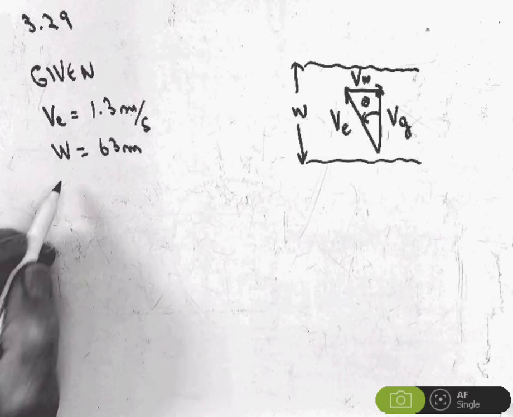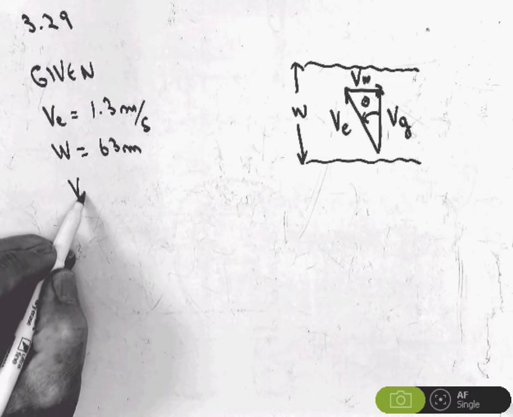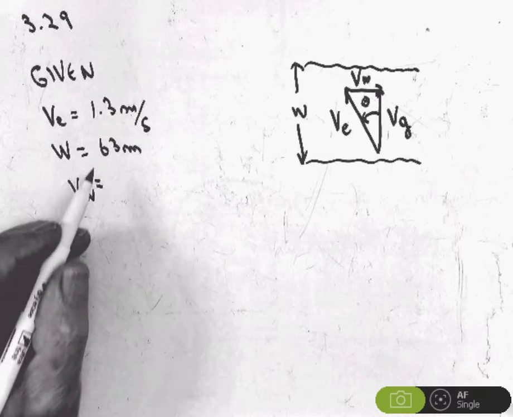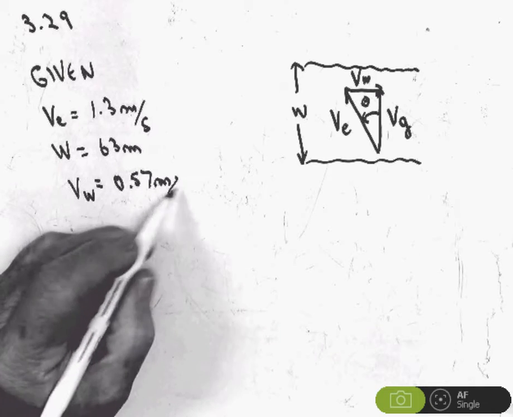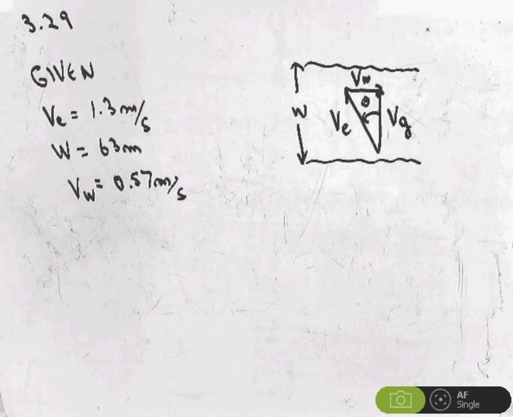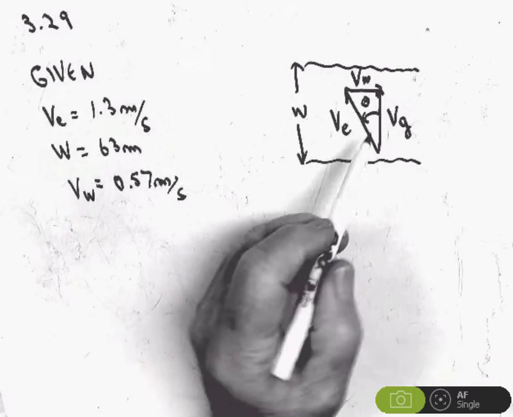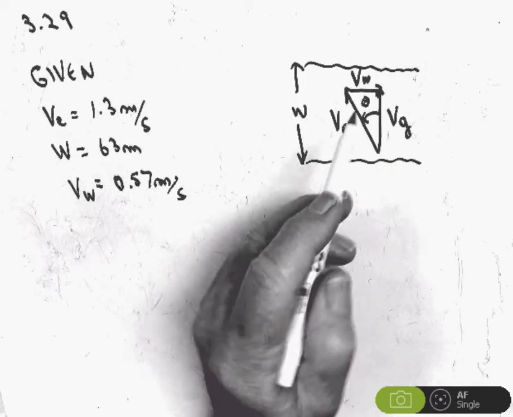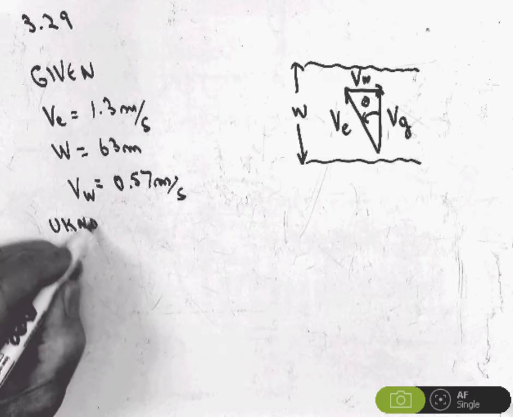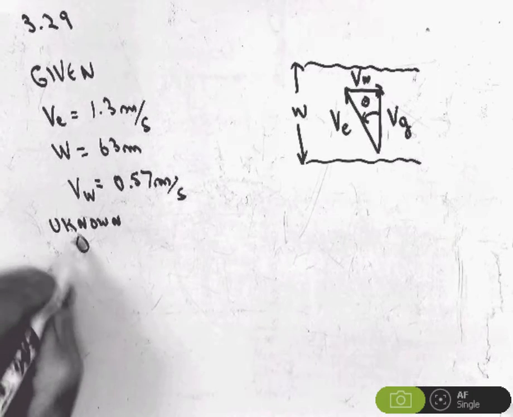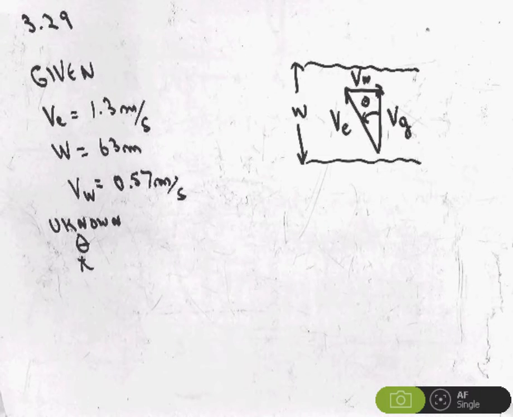And the velocity of the current, I call that the velocity of the water, is 0.57 meters per second. Okay, well, I've set the problem. This is the solution to the problem right here. By the way, the unknown is theta and the time it takes to cross the river.